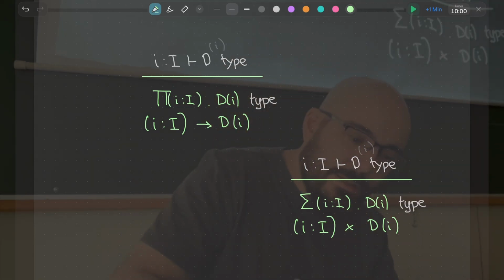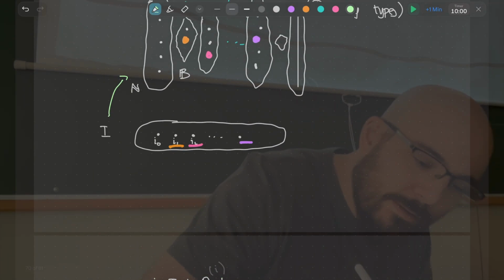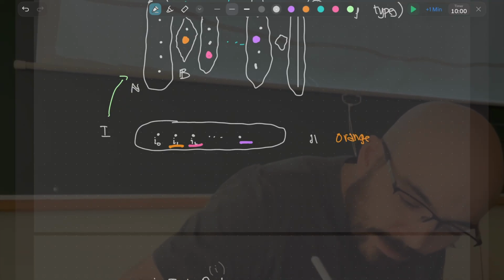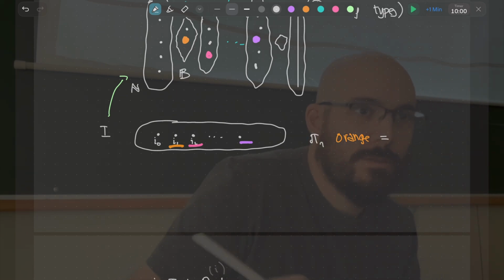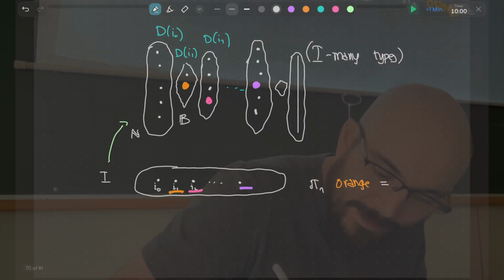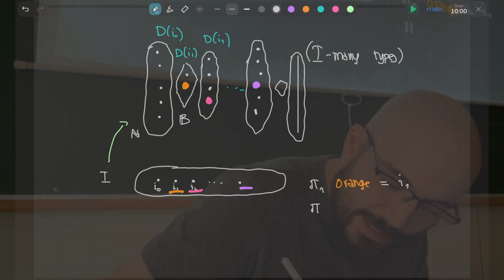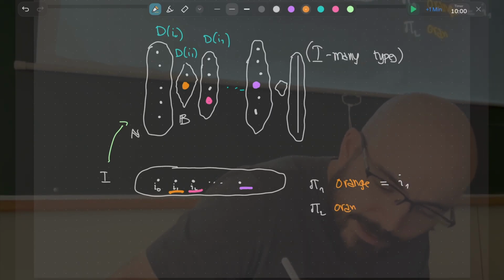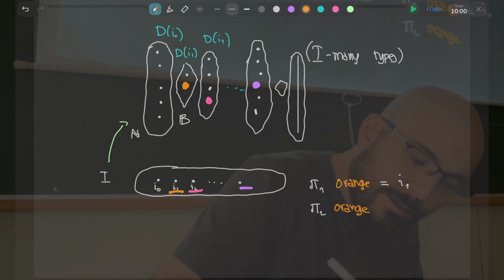Like, I can project from this thing, from the orange thing, the first projection, and this will be equal to which i? Exactly, i1. And I can project the second projection, and sorry for the indices if you don't like them. It could be 0 and 1, this is confusing. And in this case, it will be what?